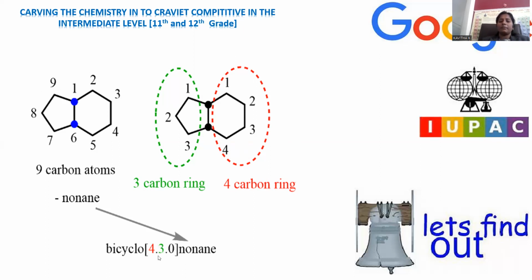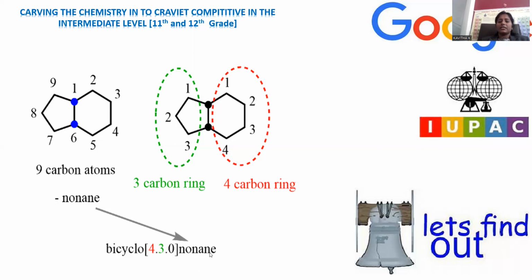And moreover, the compulsory condition is that they should be introduced in square brackets. And being bicyclic, the name will start with bicyclo. Bicyclo[4.3.0]. After this comes the parent skeleton. We already counted 9 carbons, so for 9 carbons, nonane is the actual name. Being saturated, with no double bonds or triple bonds found, we simply mention nonane, right?